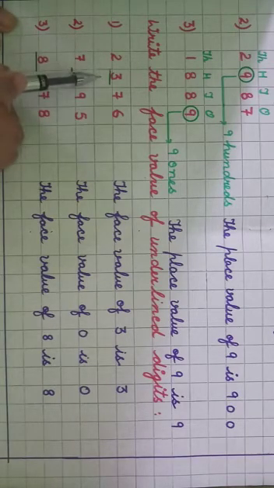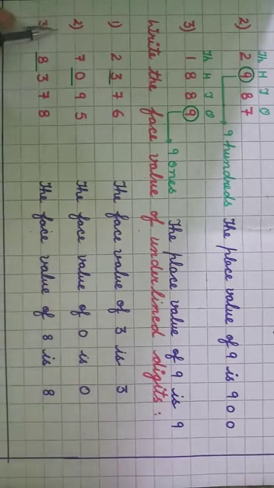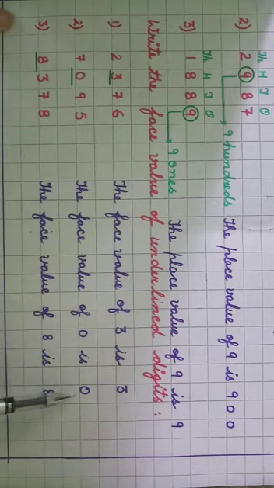Now 3 is underlined, so the face value of 3 is 3. In the second number, 7095, 0 is underlined, so the face value of 0 is 0. And in the third number, 8378, 8 is underlined, so the face value of 8 is 8.